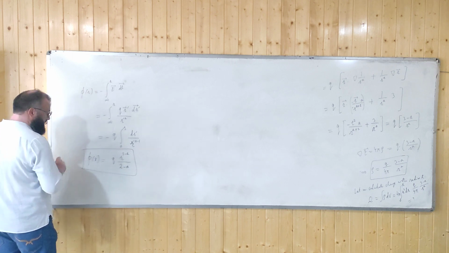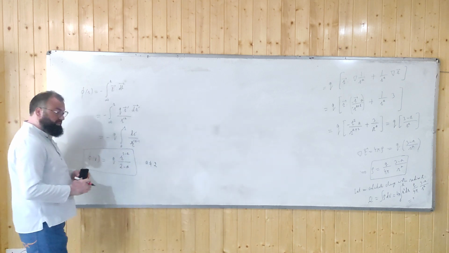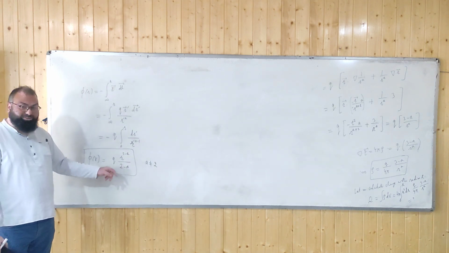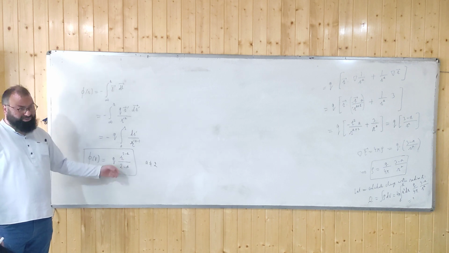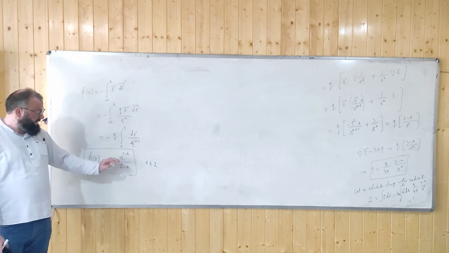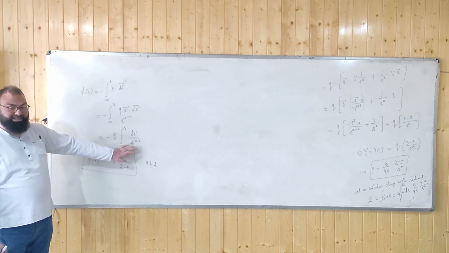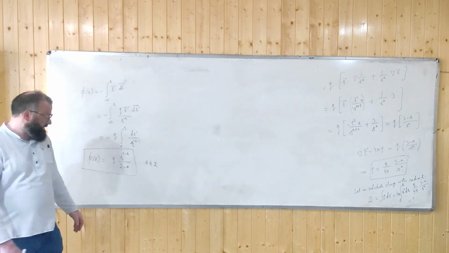So this is the potential. Here A is not equal to 2. The reason is simple: if I take A equal to 2, this diverges. So there is a divergence for A equal to 2, which means I need to solve this kind of integral separately for A equal to 2. Got it?